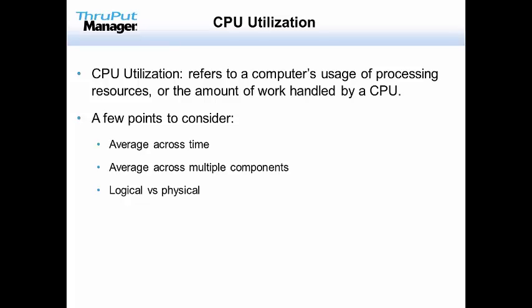So taken at a very basic level, if you were to actually measure a CPU at extreme intervals, nanoseconds, it's either 100% or 0. There's really no such thing as in between for the actual usage of a CPU.